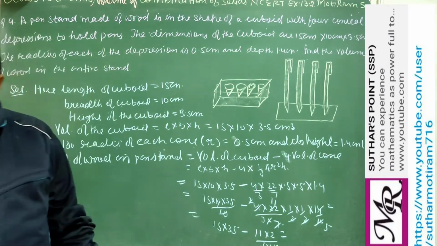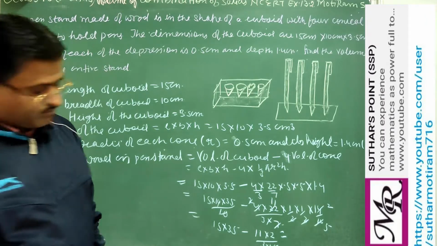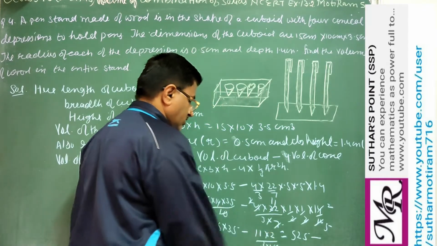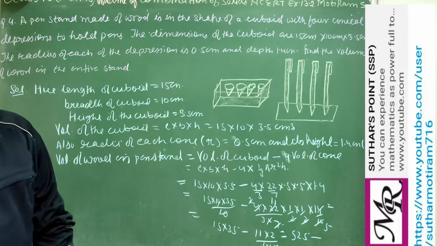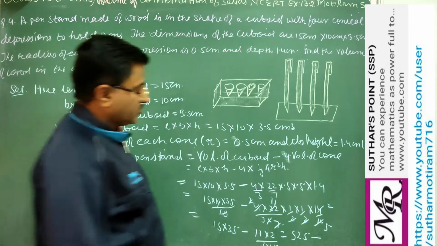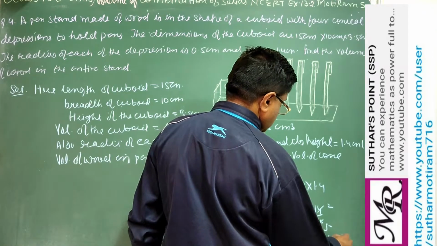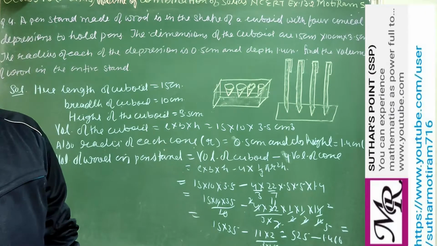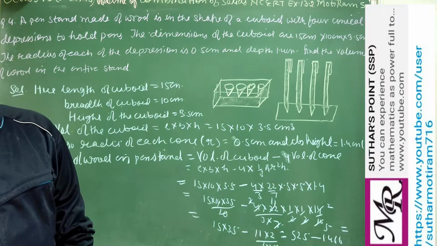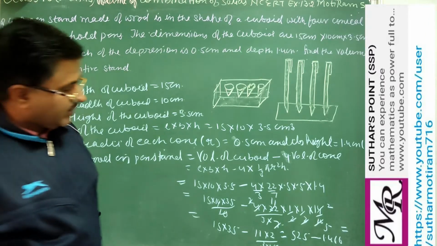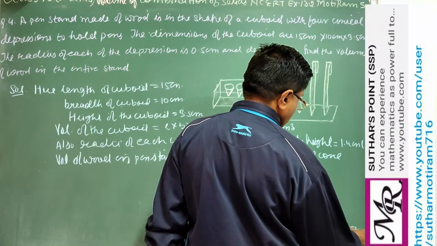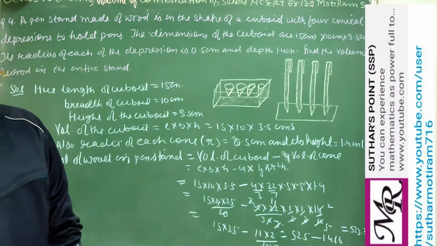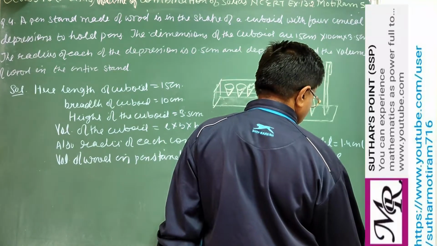So this calculation, if you see, is 525 minus 22 divided by 15, which is less than 2, that is 1.466. So subtract this: 525 minus 1.466 cubic centimeter, that is 523.533 cubic centimeter.